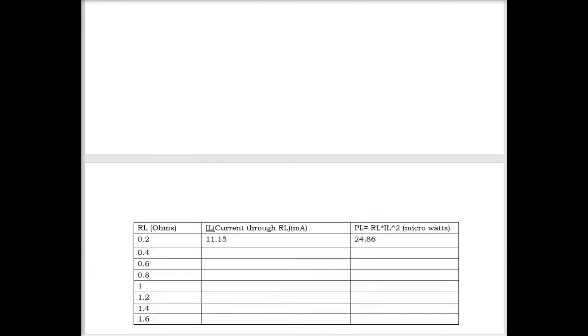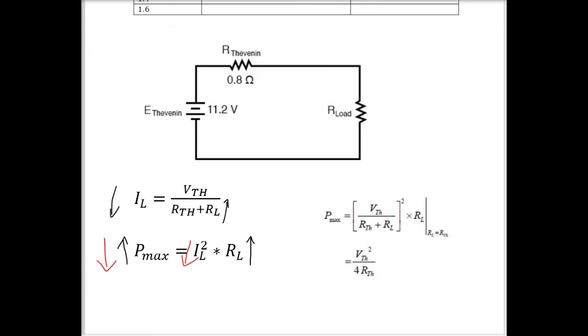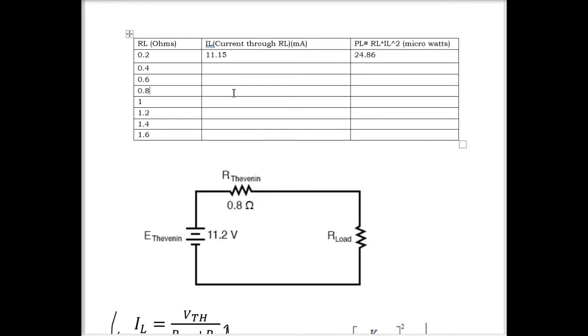So what's the internal resistance that I have over here? That is 0.8, which is my Thevenin resistance, right? So when I have my load resistor equal to the R Thevenin, or the internal resistance, then I'm gonna get the maximum power. This is gonna be the point where I'm getting maximum power.